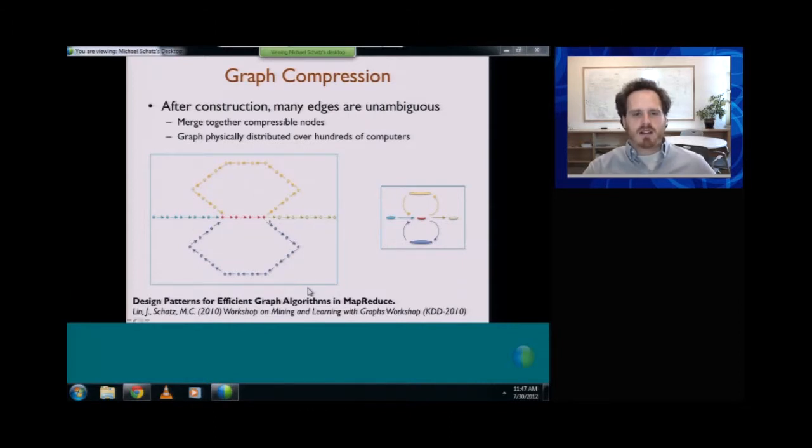In particular, I want to take this graph of fixed length sequences and compress it down into this graph of longer segments. There's a paper that I helped write that describes the general scenario of how graphs can be efficiently processed in a MapReduce environment. But here we have this really special computation where we need to traverse graphs in this very complicated way.